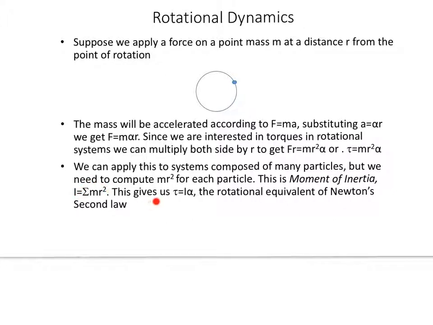So then this gives us the rotational equivalent of Newton's second law, which is torque is equal to I times alpha. Notice that I here, this moment of inertia, is sort of analogous to mass in linear systems.